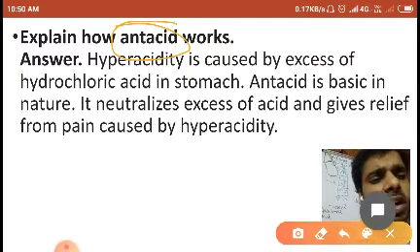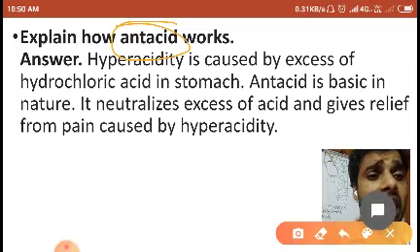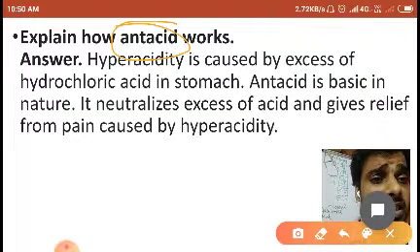In case of indigestion, if a person is suffering from acidity, due to something they have eaten, hard food they cannot digest, hyperacidity can be caused.